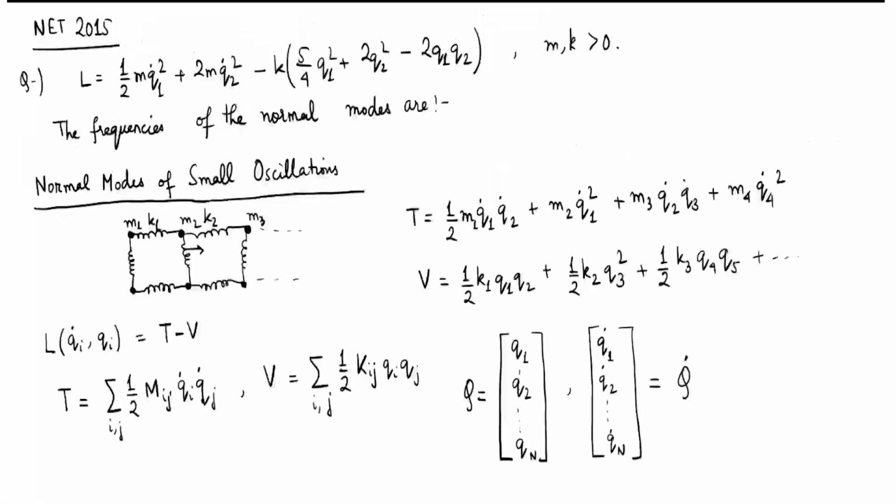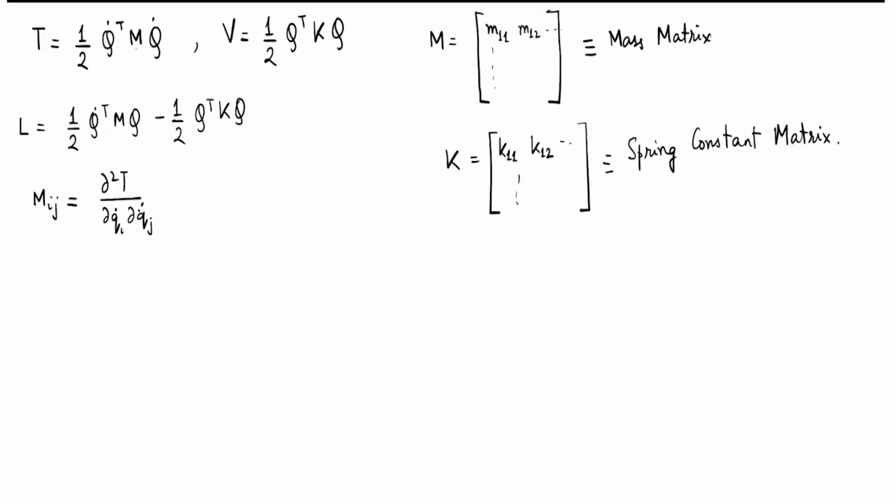So if you are given T and V, or if you are given L, you can write this as del 2 L, del Qi dot, del Qj dot. These are the elements of the mass matrix.